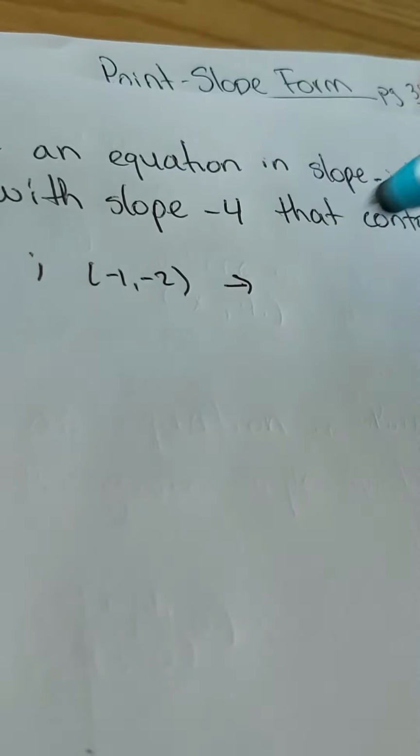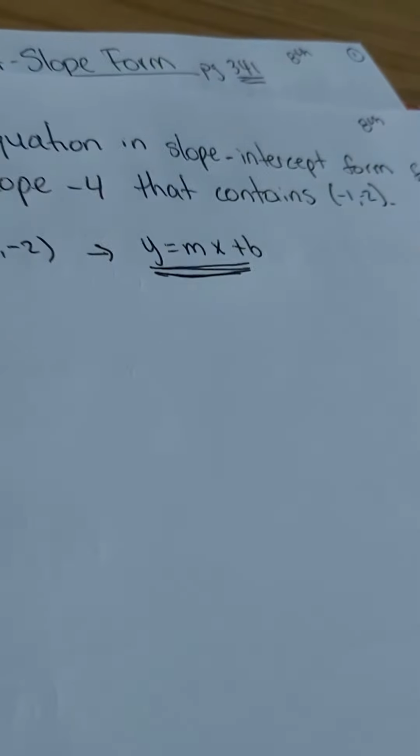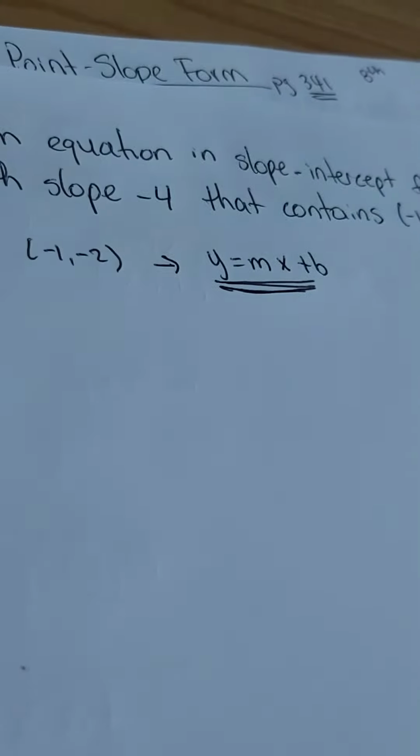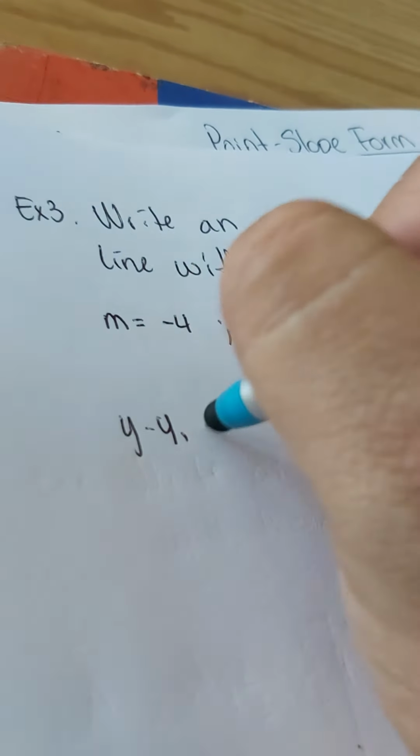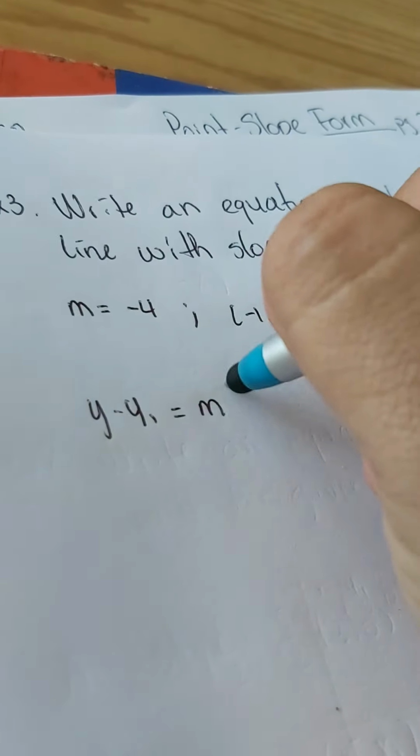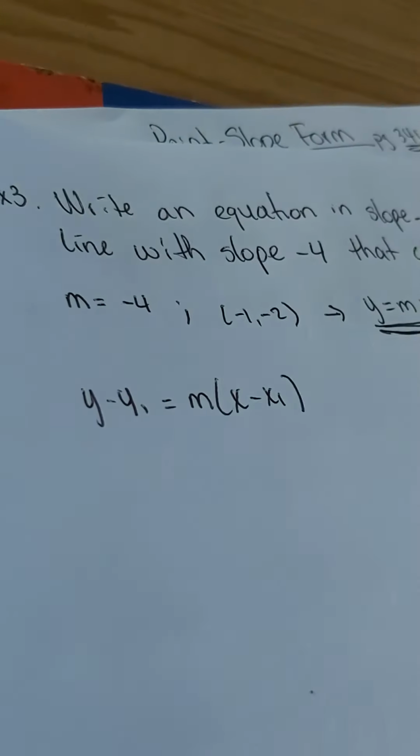Remember, they're asking us to write an equation in the form y equals mx plus b. This has to be our final solution, our final answer, our equation in that form. But since we have a point and a slope, we can start using the point slope form. Y minus y1 equals m times x minus x1.